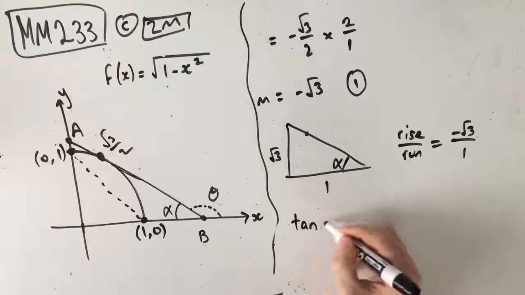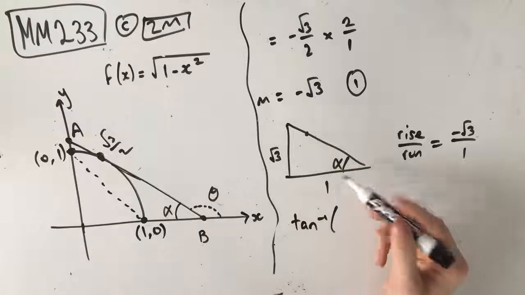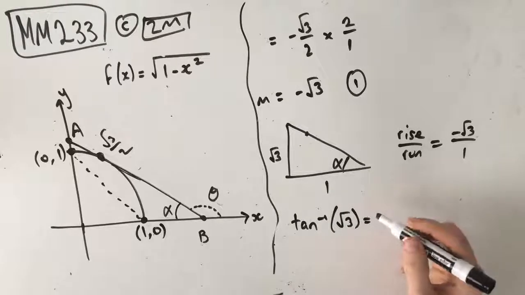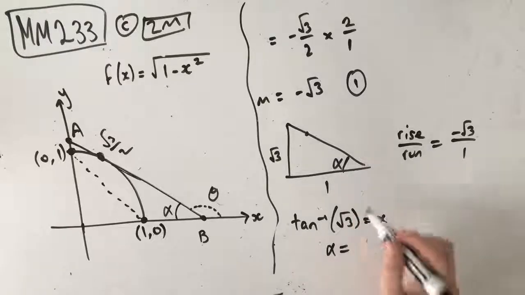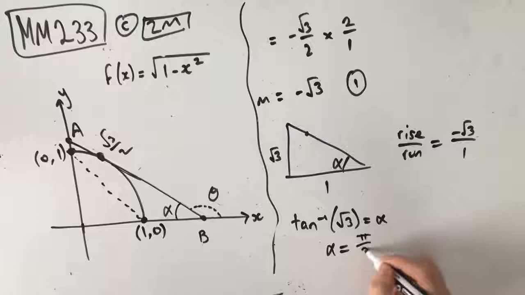Based on this, we can actually work out our alpha angle, right? So inverse tan of opposite over adjacent, which is root 3, is equal to alpha, which means that alpha, this angle here, is equal to pi on 3, right? Because inverse tan of root 3 is pi on 3.